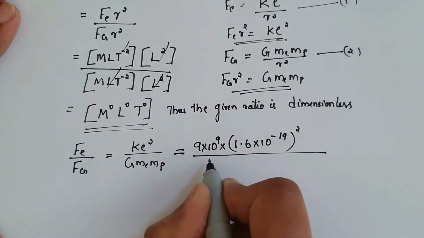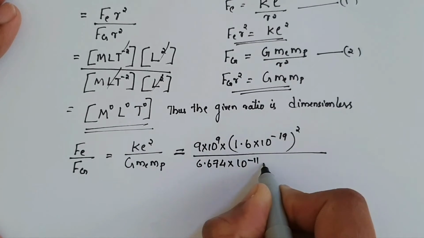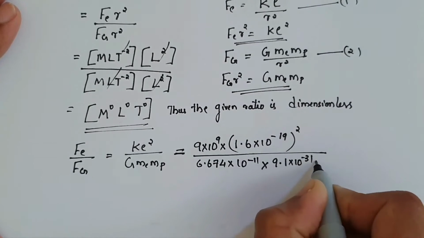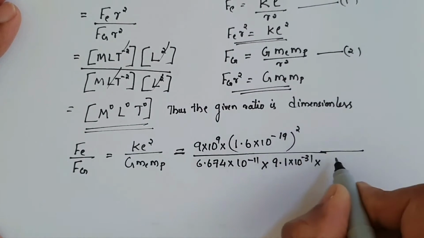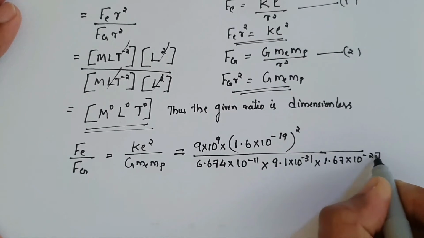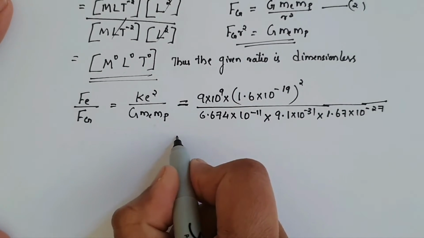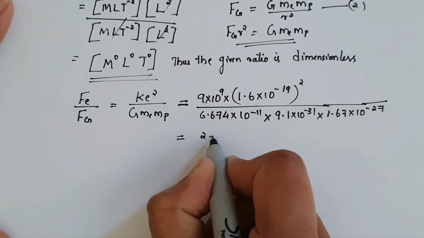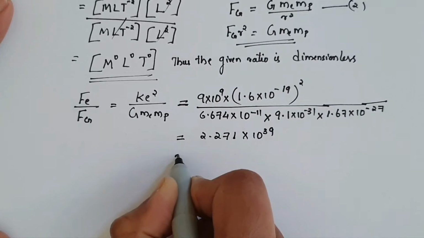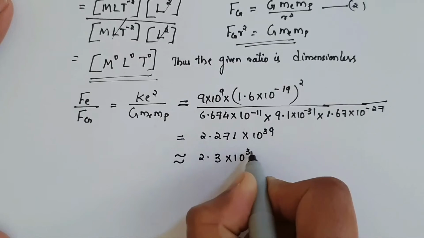That is the gravitational constant, 6.674 into 10 raised to minus 11, into mass of electron, that is 9.1 into 10 raised to minus 31 kg, into mass of proton, that is 1.67 into 10 raised to minus 27 kg. This is equal to 2.271 into 10 raised to 39, or approximately 2.3 into 10 raised to 39.